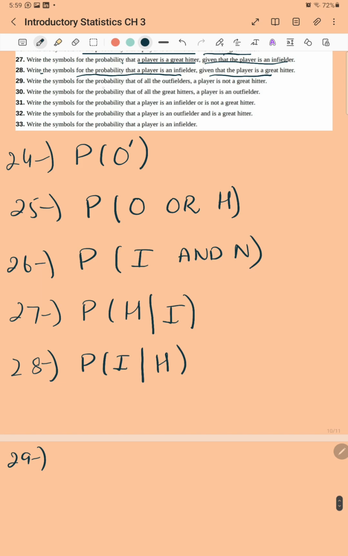29 is: write the symbol for the probability that of all the outfielders, a player is not a great hitter.